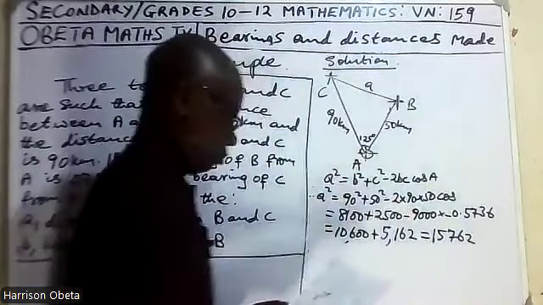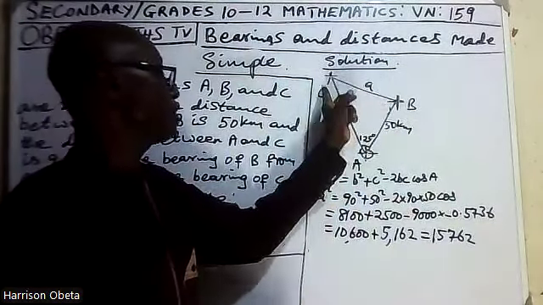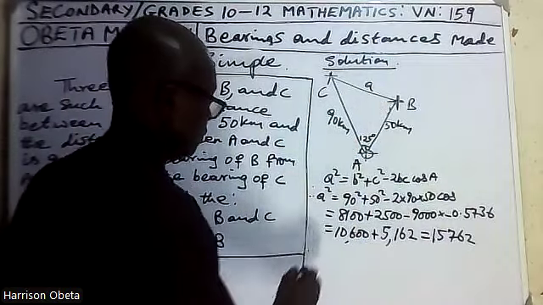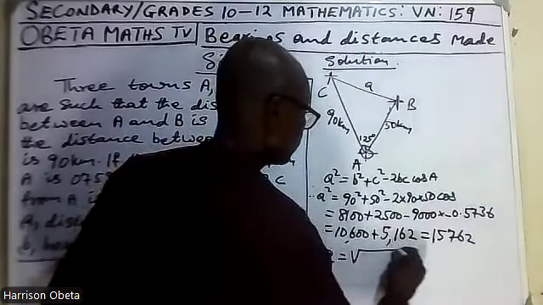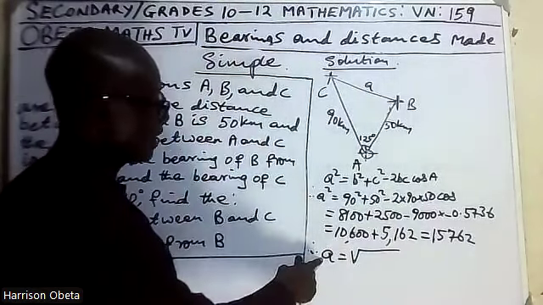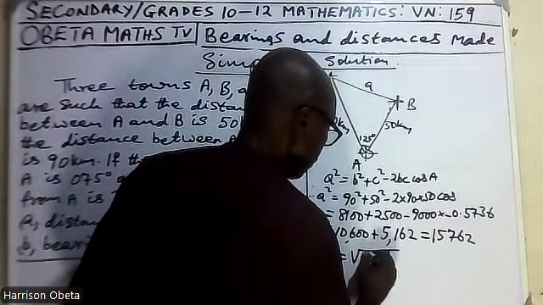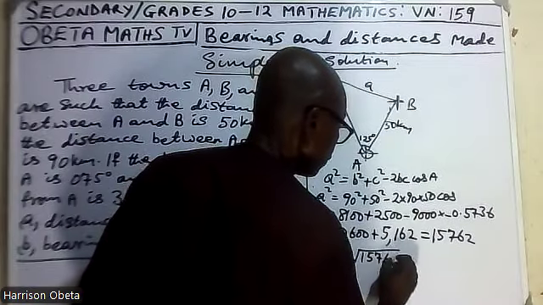For us to find the distance from B to C, you have to find the square root of this. Therefore, a alone should be the square root of 15762, because we know that the square root of a squared is a.